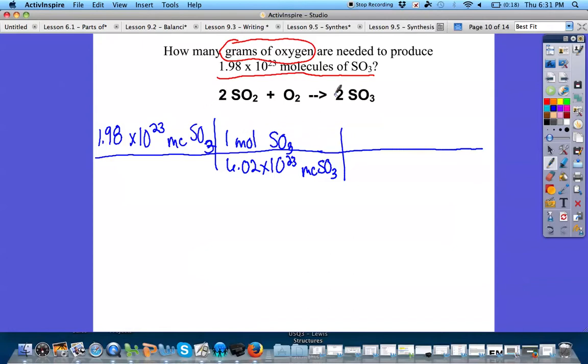So in our chemical equation, we have 2 moles of SO3 and 1 mole of oxygen.